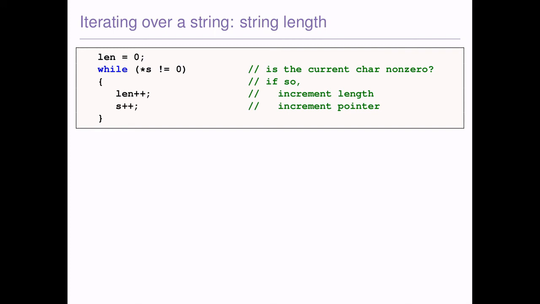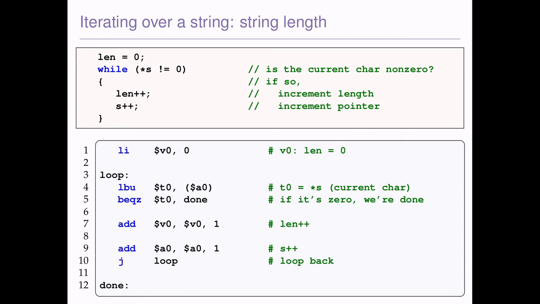So let's see how we would do this in MIPS. Well, we start off by loading our immediate value into v0, standard initialization of our values, so v0 is equal to 0, and then we start our loop. So we load the byte unsigned, and we assume that a0 is the address that we're storing this byte at, and we load the value from there into t0.